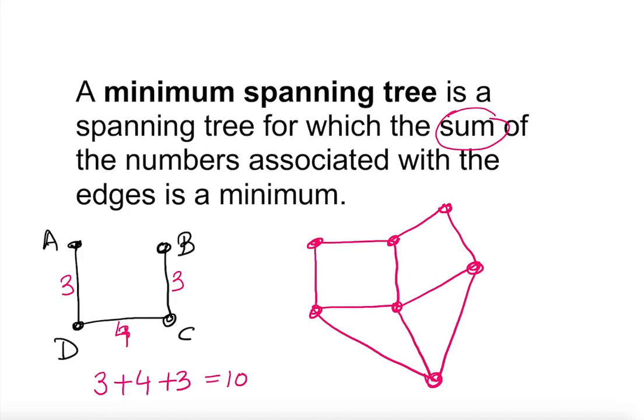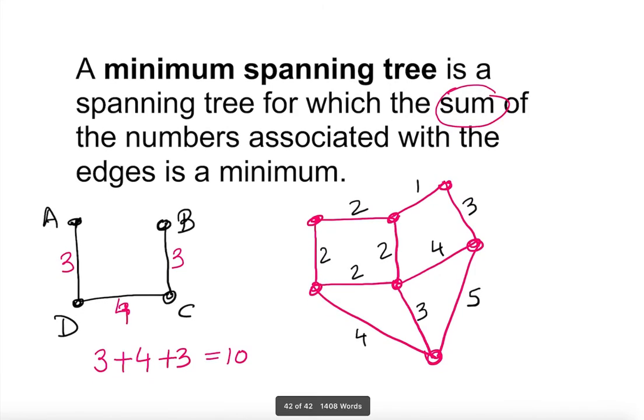Now I'm going to label them. So 2, 1, 2, 2, 2, 4, 3, 5, 4, 3. Okay, so what is the minimum spanning tree?